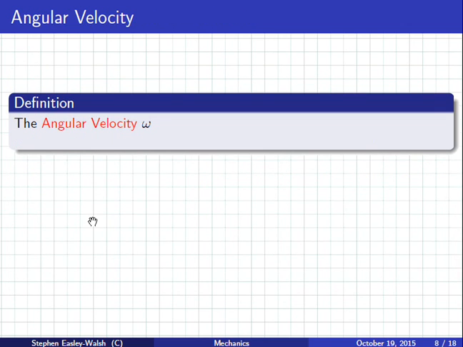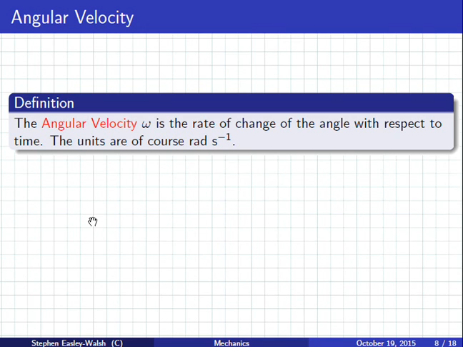Right, so now this definition. We have something called angular velocity. Angular velocity is how quick the angle changes, and the units are radians per second.